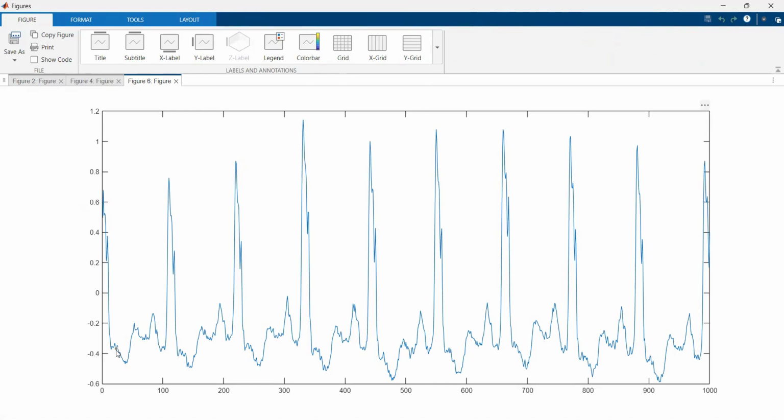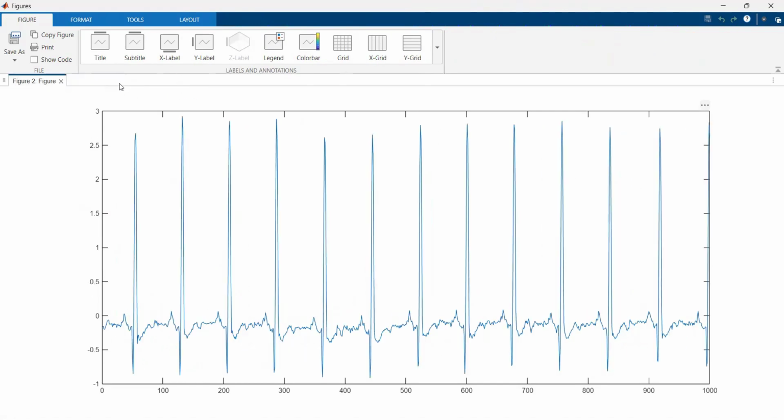The P wave is missing, and it is almost impossible to differentiate the QRS signal. You could observe over here that even this region is not good. And since I am not an expert, getting further details becomes difficult for me.